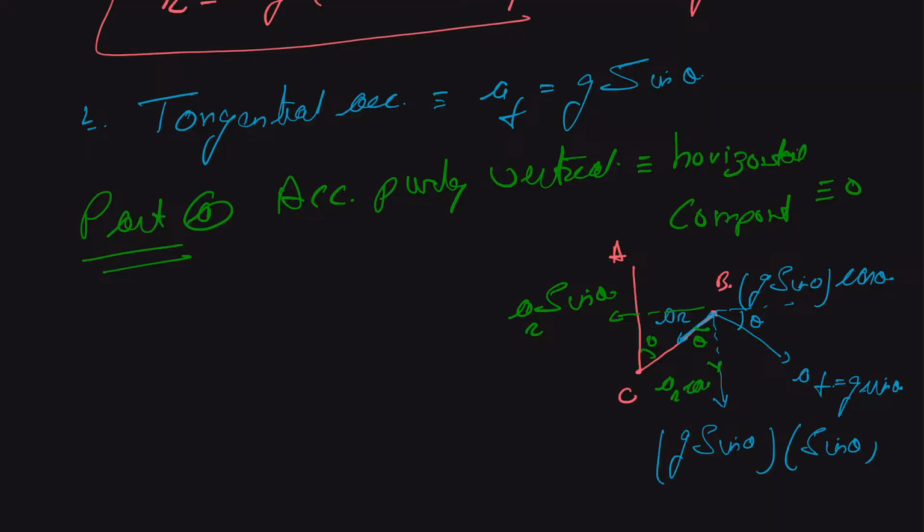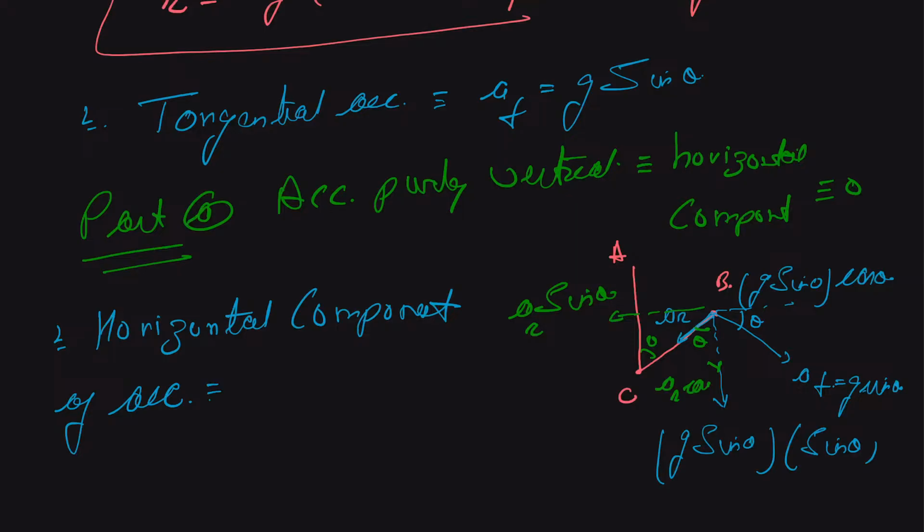And let's find out the horizontal component of the acceleration, which suppose is represented as a of x. Then a of x will be equal to the horizontal component of tangential acceleration plus the horizontal component of our radial acceleration.